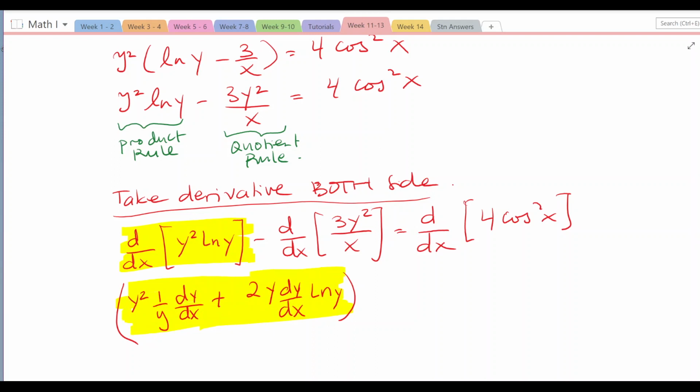Now we proceed with the second part. The first yellow part here is basically a product rule, just as already mentioned. Now this is a quotient rule. I don't know if you remember the quotient rule. This is u and this is v, so it becomes v square.